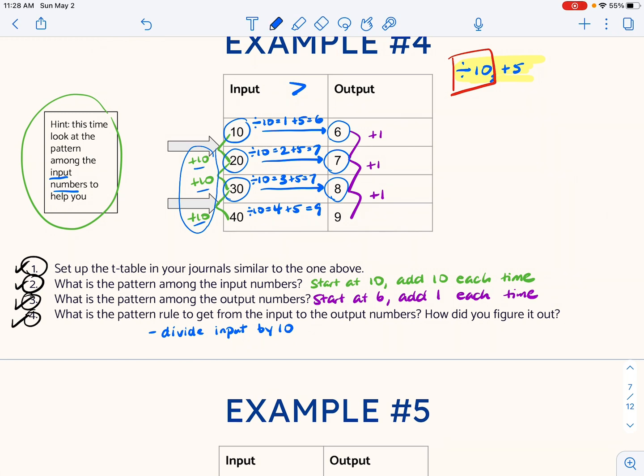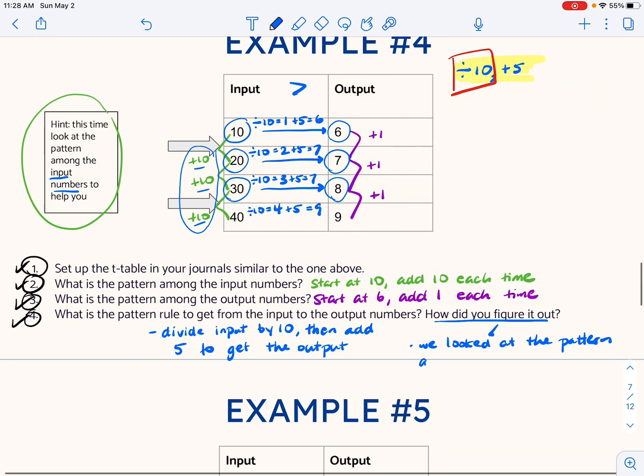We divide the input by 10, then add 5 to get the output. How did you figure it out? This time we looked at the pattern among the input numbers to help us.